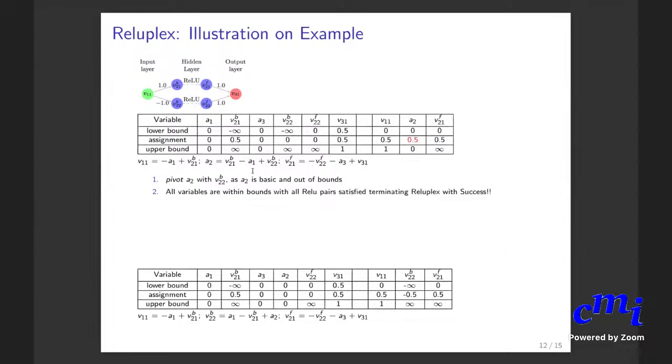A2 is defining V2, that's what is adjusting V21B, no? V21B gets 0.5.